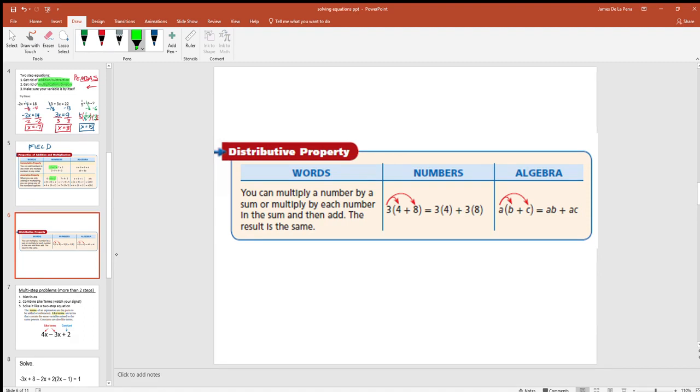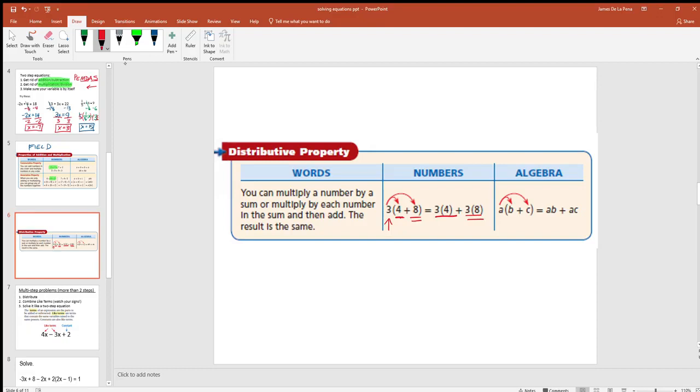So if we're multiplying a number times a set of parentheses, and in those parentheses we're adding, then we can multiply this first number here times this first number, as in this example, 3 times 4. And then we can also multiply that first number by the second number here, 3 times 8, and then take the sum of those two, and it's going to give us the same value.